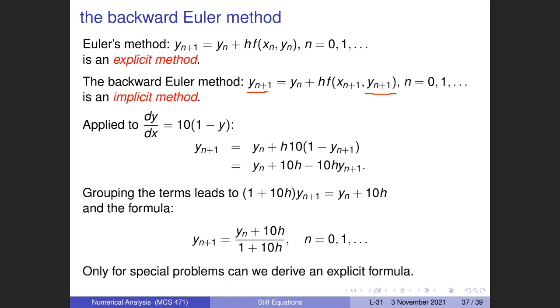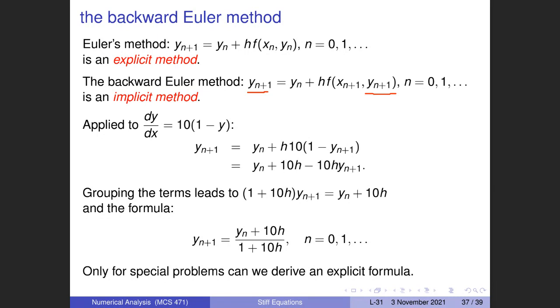Now we will see how to use implicit methods in conjunction with an explicit method. That will be the topic of next lecture, where we will consider predictor-corrector methods. But we can already apply it on this particular problem, where we can reformulate the method.